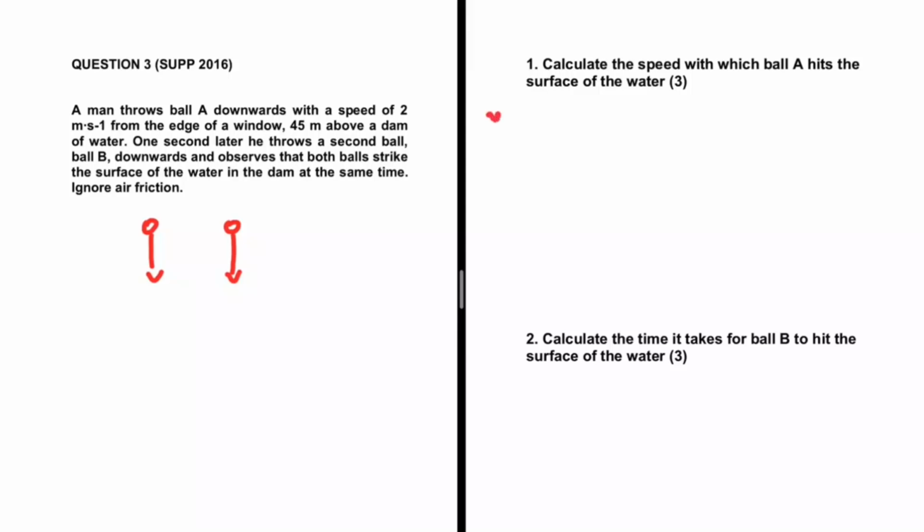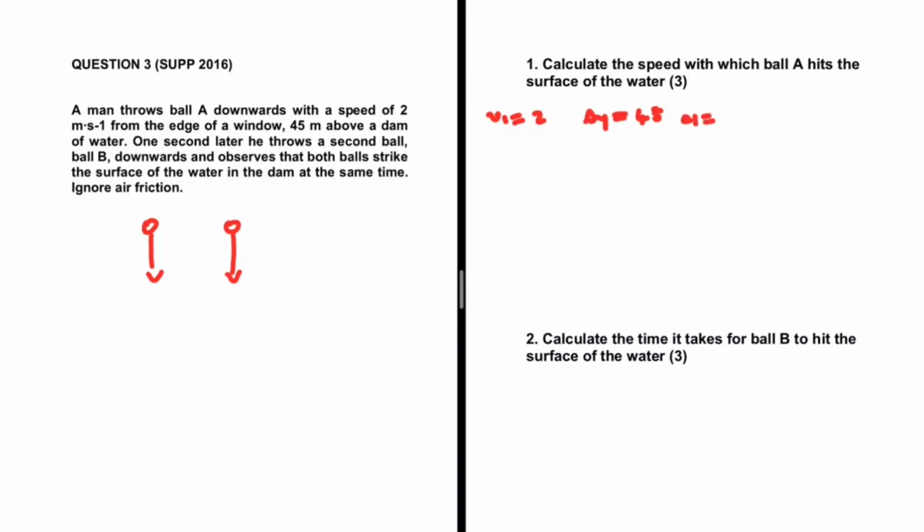We have the initial velocity of ball A. It is 2 meters per second downwards. It is thrown from the edge of a window 45 meters above a dam of water. So we have a height which will lead to a displacement of 45 meters. Obviously, we have the acceleration.